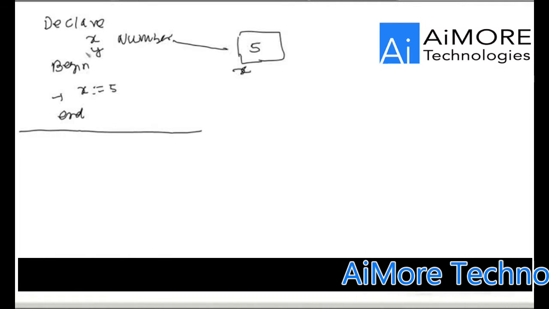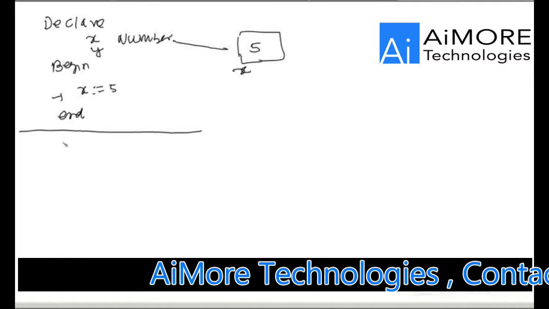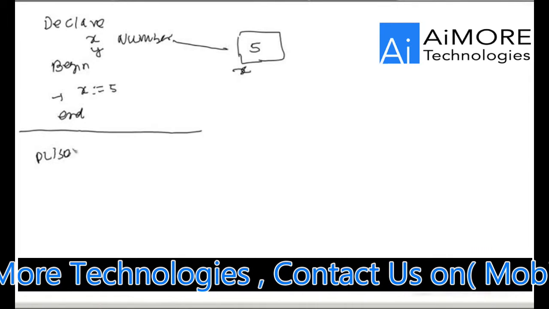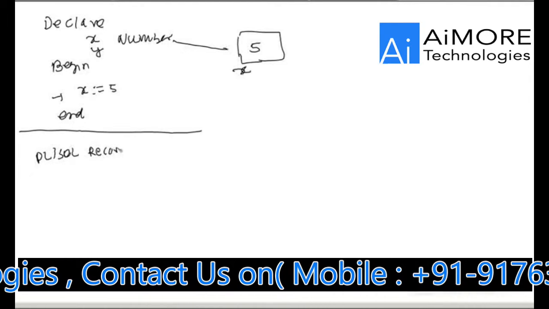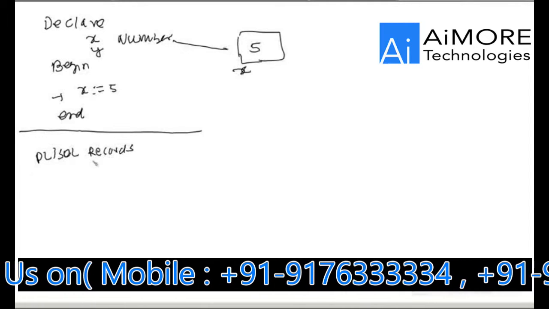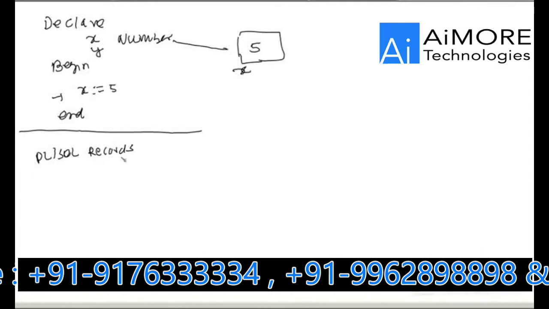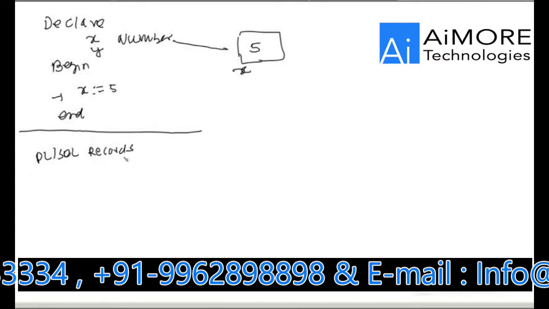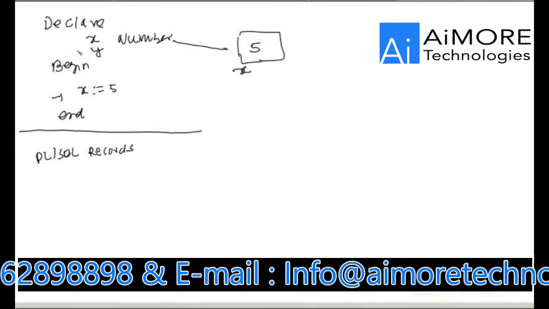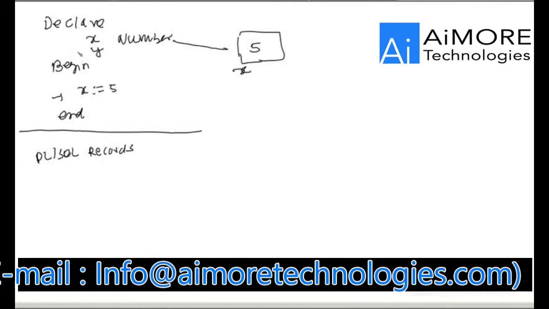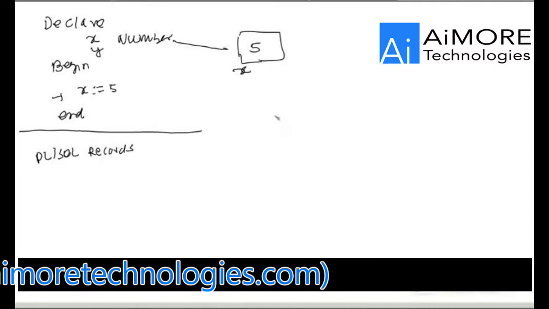Exactly the same concept is here, and that is what we call PL/SQL records. So a PL/SQL record is a composite data type which contains multiple scalar data types like number, varchar, date, and so on. Let's see an example.